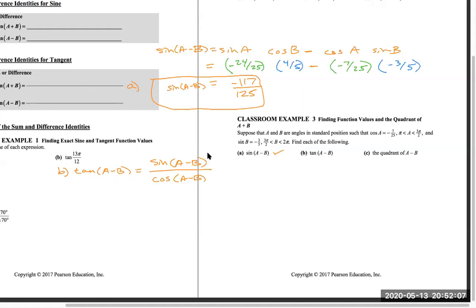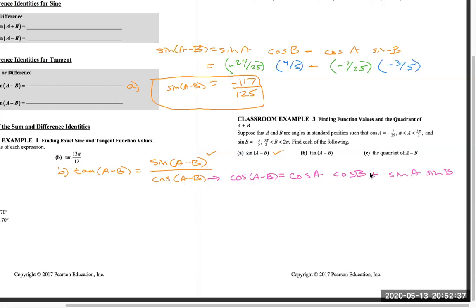We already have sine A minus B, so now we have to find cosine A minus B. And remember cosine A minus B: cosine, cosine, sine, sine, A, B, opposite sign between.